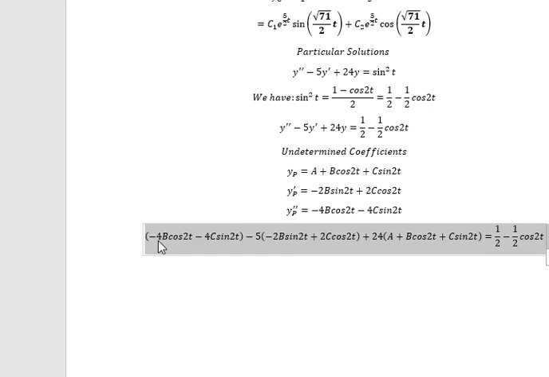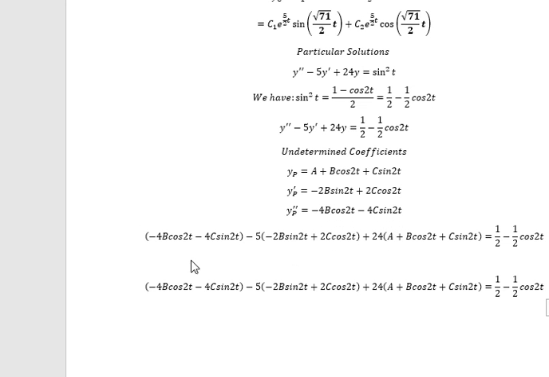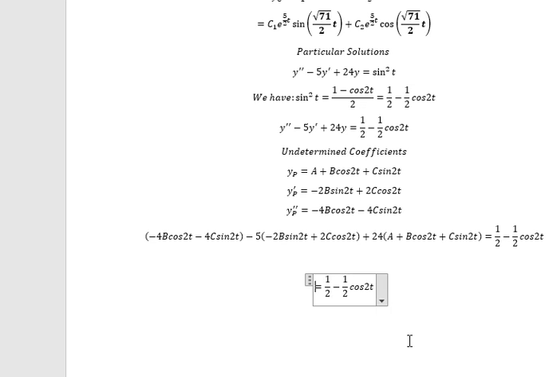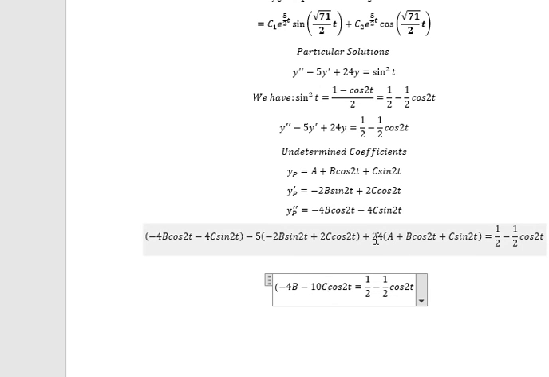Now we need to simplify. Now we need to arrange based on the terms of cosine 2t and sine 2t. About cosine 2t, we have negative 4b and negative number 5 with positive number 2, we have negative number 10c. We have 24 with b, so we have 24b.